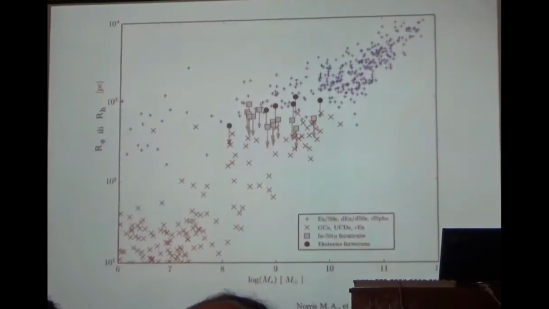As you can see here, this is the data from Norris et al., who created a plot of all the dwarf galaxies known from different surveys, separated by dwarf type.